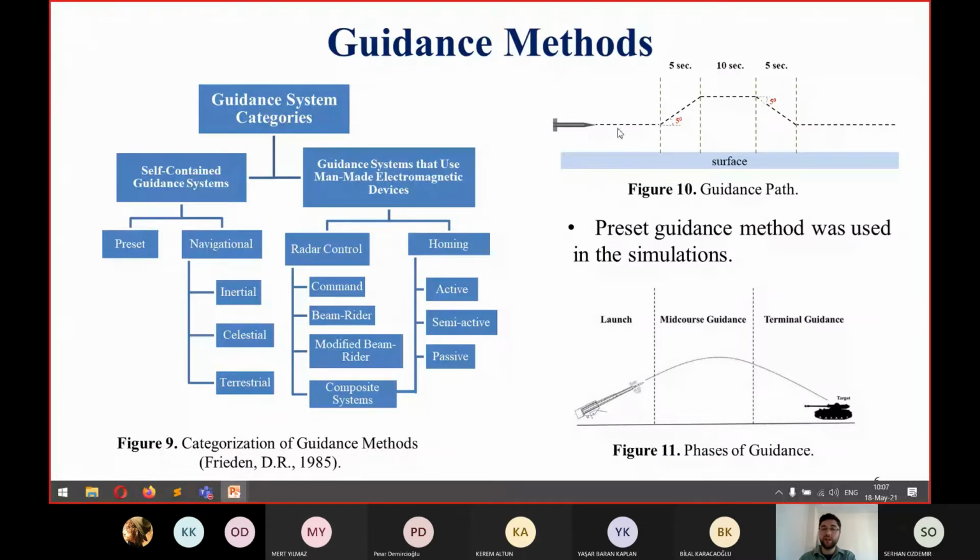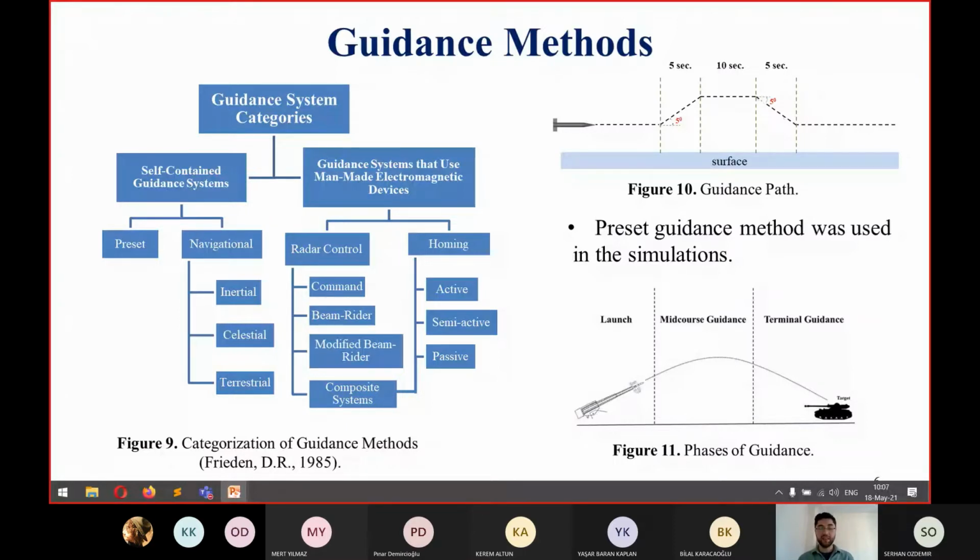The munition will start at an initial flight altitude, and it will make a 5-degree pitch up for 5 seconds, and then it will cruise for 10 seconds. After that, it will descend with a 5-degree flight path angle for 5 seconds. This is a mid-course guidance. It will be a mid-course guidance simulation.